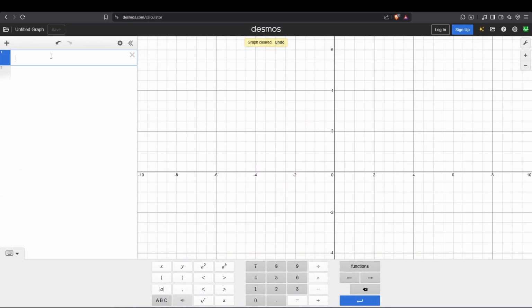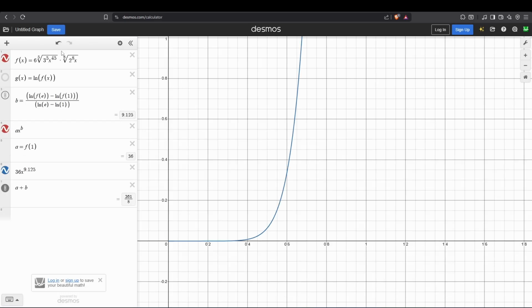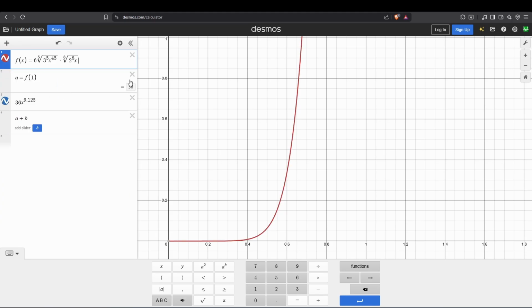And so now, let's do a third method, which is an educated guess and check. So if we have our equation here, f of x equals this, we can do essentially what we did, but only for the a value. Remember, we have to write it into ax to the b, so we have to solve for a.